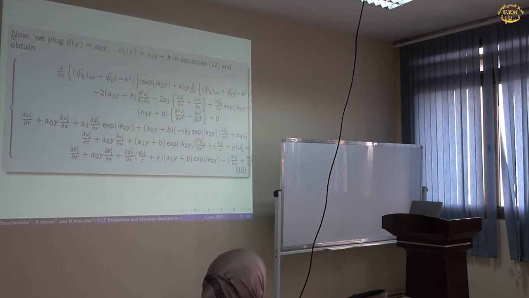And now we plug the shear barotropic equal to alpha 0 y and the shear baroclinic u1 over bar equal to alpha 1 y plus b into the equation. And finally we find the system.